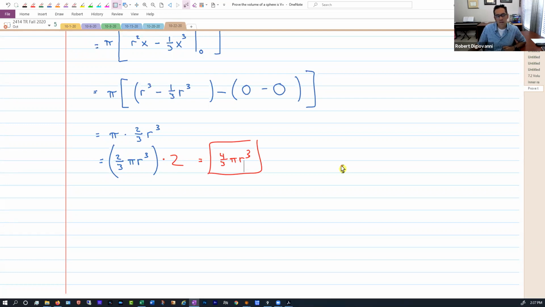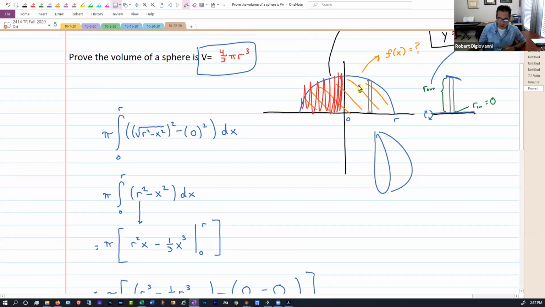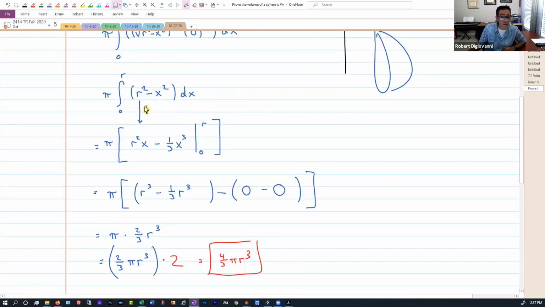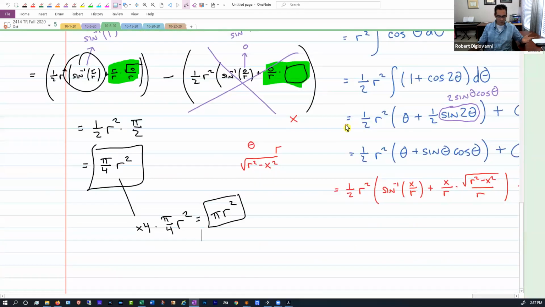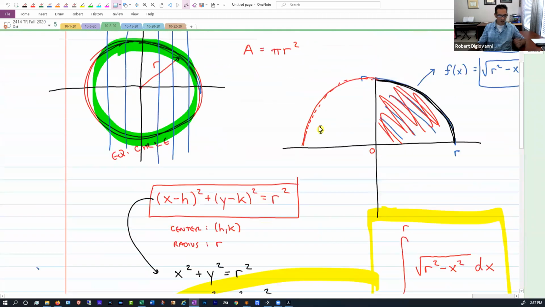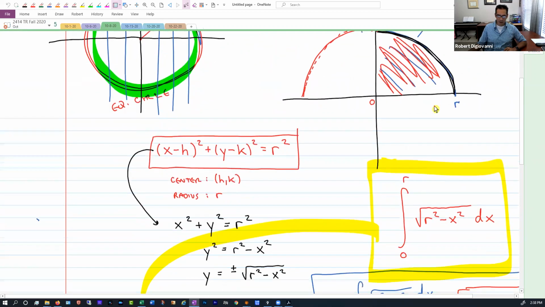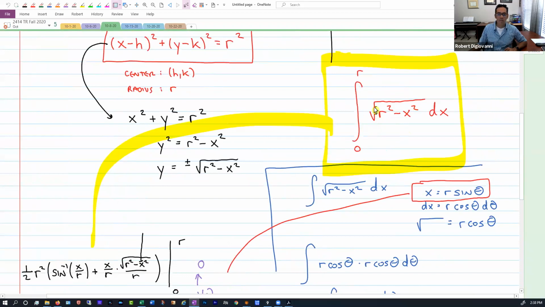Once you understand what the function is, and you can set up your integral, the actual integration is pretty straightforward. If you look back in our notes, when we did area, a while back, I showed you that the area of a circle is pi r squared. We took half of this thing, and here was our integral.